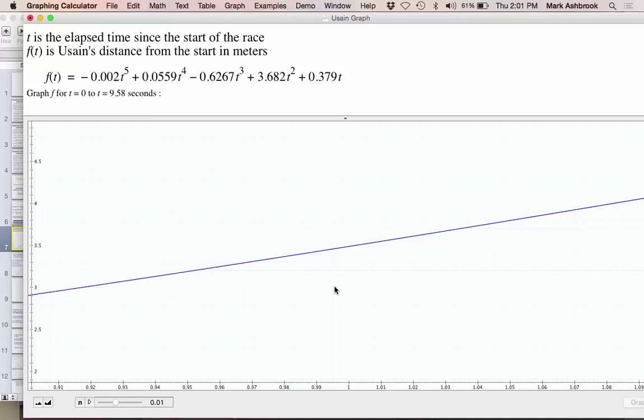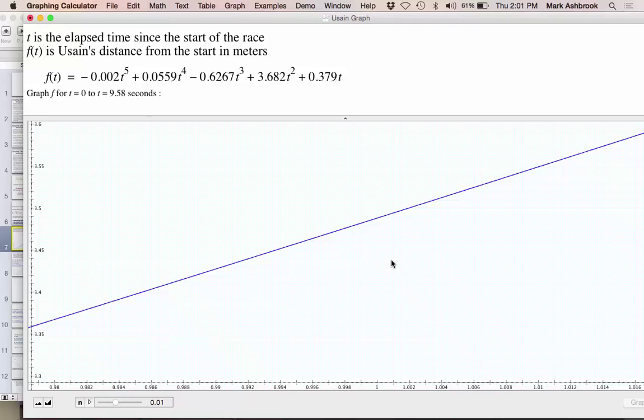So I'll do one more time, 0.99 to 1.01. Okay, there we go. So here is one right here, and to our eye, that looks essentially linear. And so we have a moment here for which we have the constant rate.